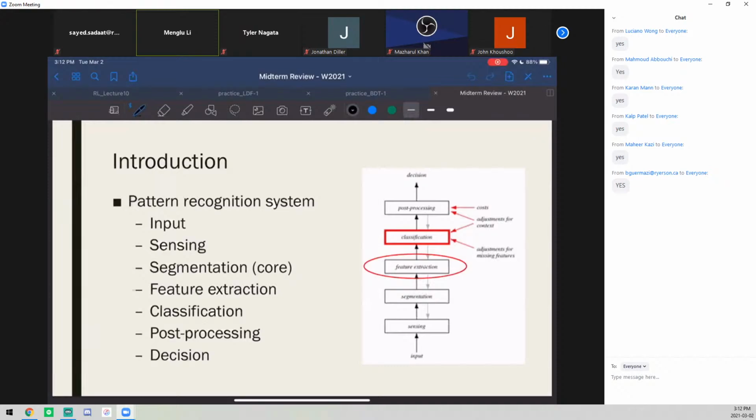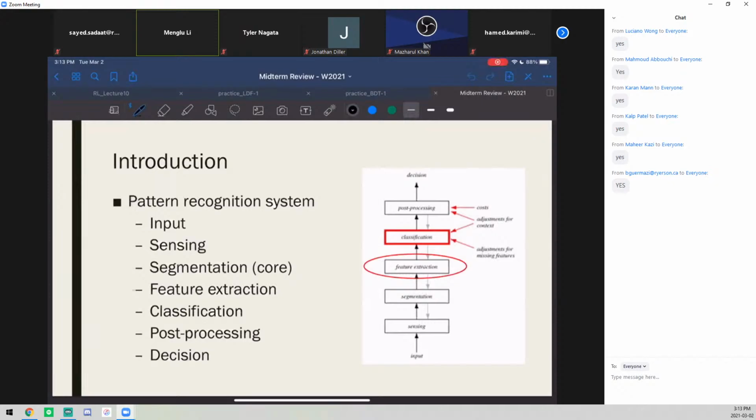Next is post-processing. Based on the result of classification, we calculate the error rate of the classification. And then based on the error, we make some improvement to the previous model we chose.